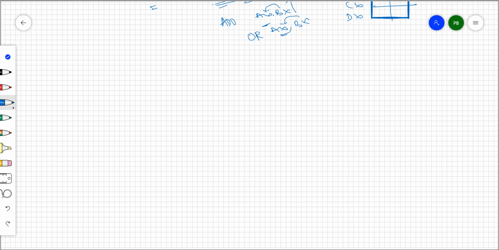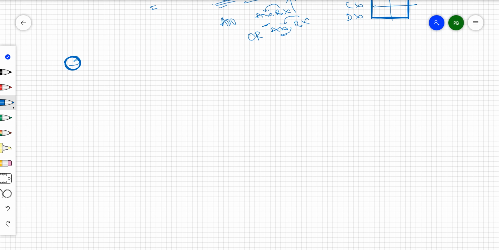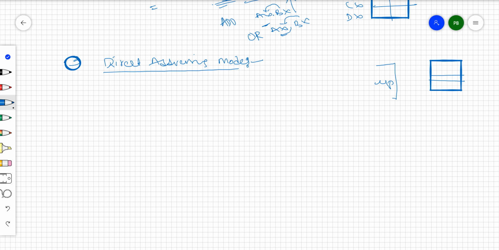The other one is the direct addressing mode. Direct addressing mode means the microprocessor wants to get data from a memory location in the external memory.